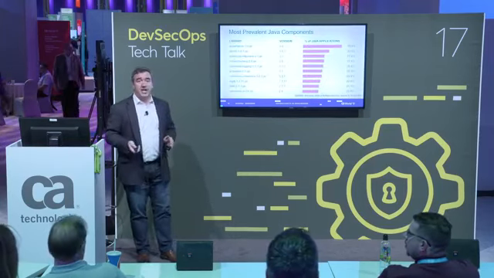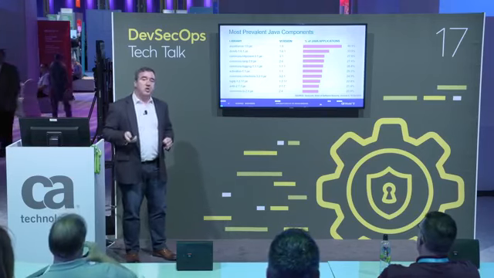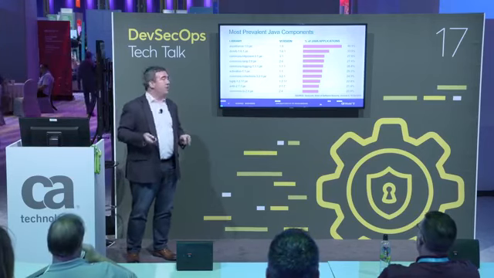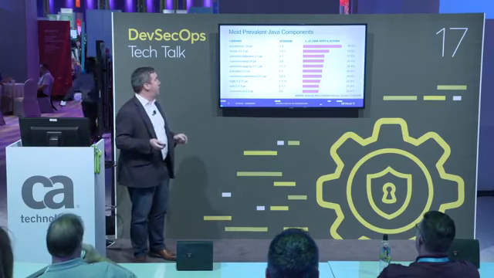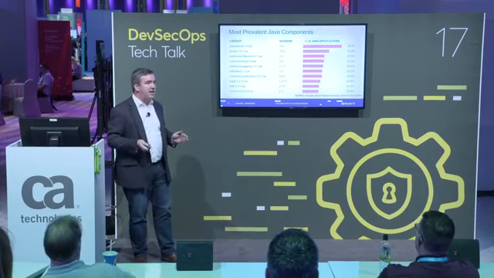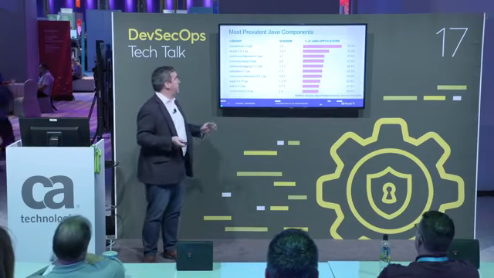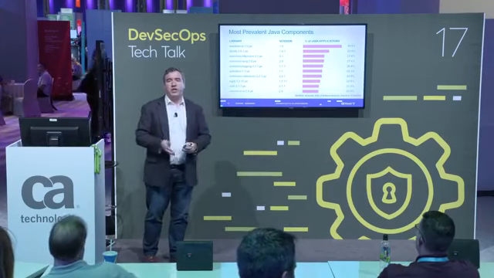When we looked at all the data, we at first thought that we had made a mistake because the top component on the list was something that nobody had ever heard of, something called AOPalliance.jar. We could understand how libraries for HTTP clients and logging and other things like that had gotten on our top 10 list, but this first one was a head scratcher. So we went and looked it up. That's aspect-oriented programming.